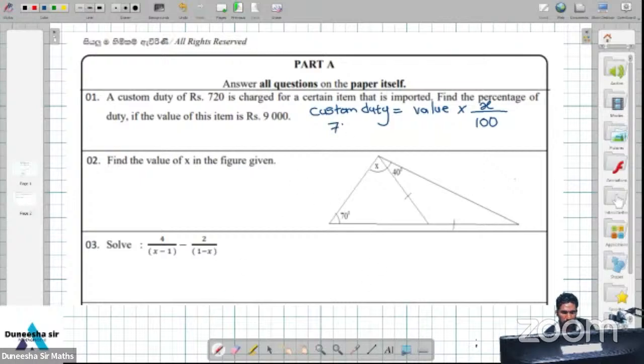Custom duty is 720 rupees. Value is 9,000 rupees.